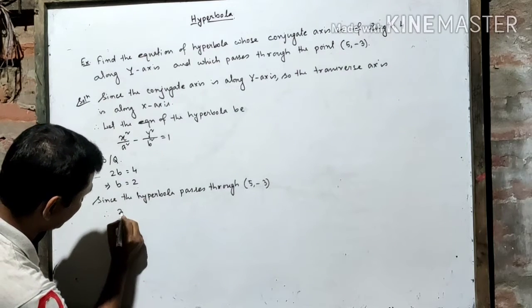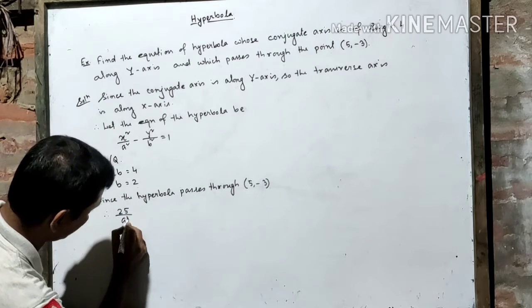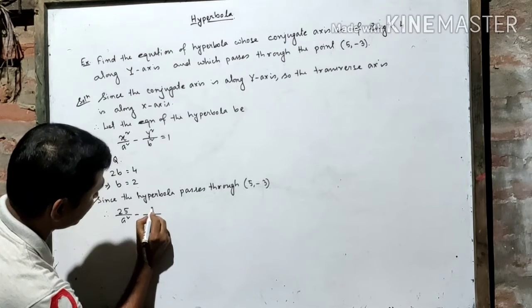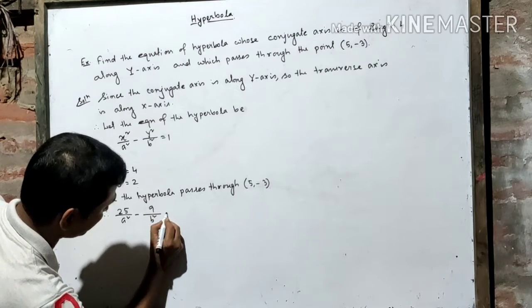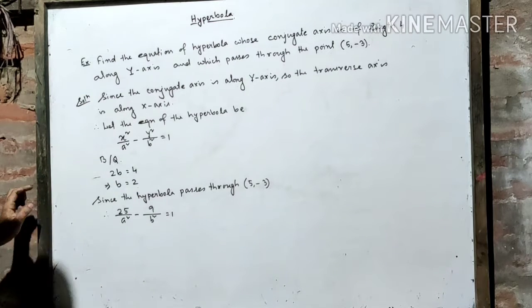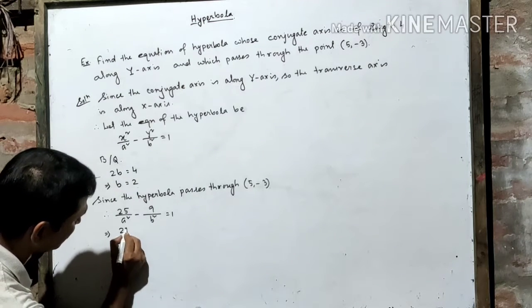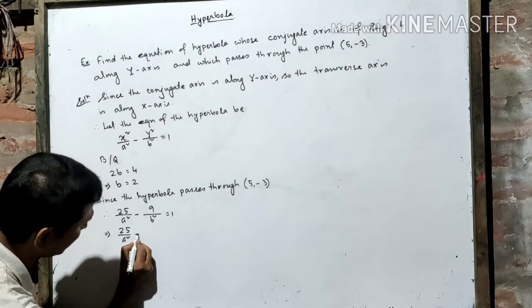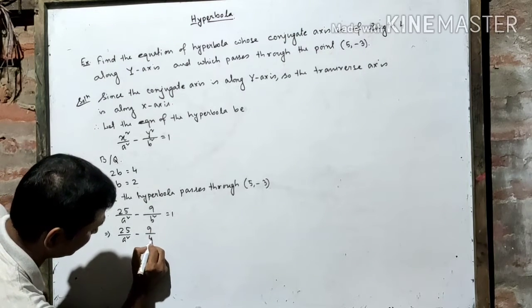Therefore, we will get 25 by a square minus 9 by b square is equal to 1. But b we have found as 2. So we will get 25 by a square minus 9 by 4 is equal to 1.